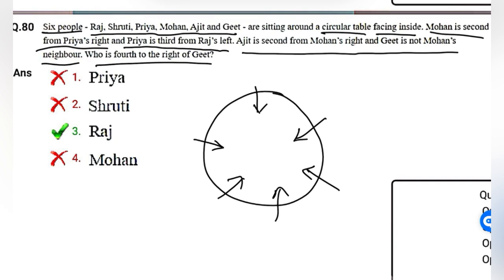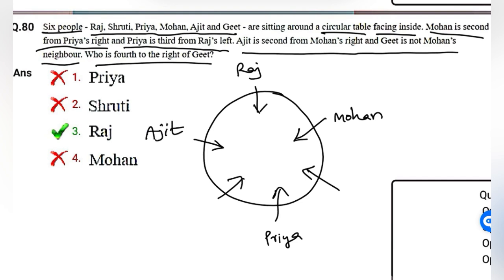Mohan is second from Priya's right. Let's take Priya here and Mohan will come here. And Priya is third from Raj's left, so Raj will sit here. Ajit is second from Mohan's right, so Ajit sits here.